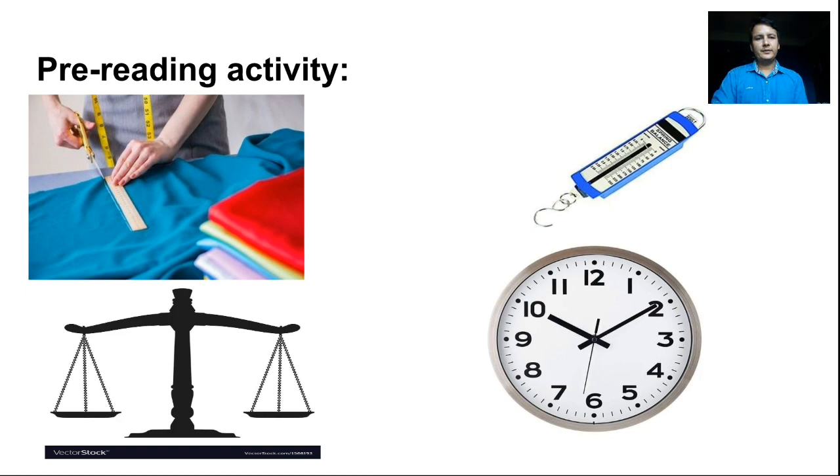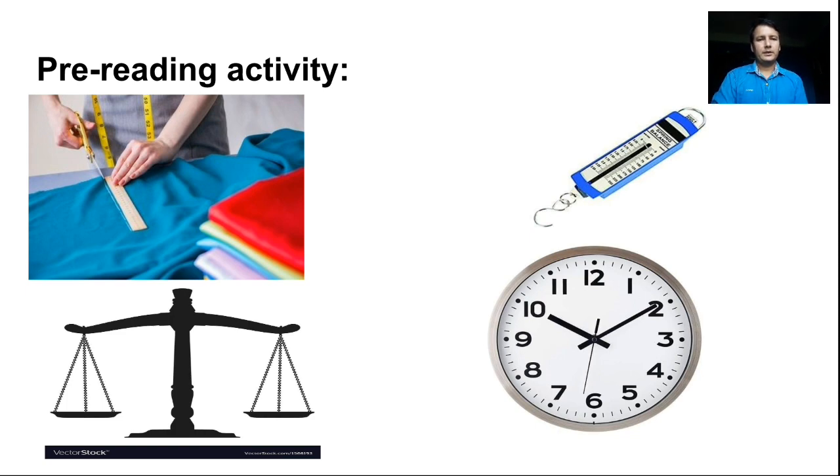See the third picture, it is a beam balance. It is also called a physical balance. It is used to measure the mass of any object. On one side, the object is kept, and on the other side, standard weights are kept. So by comparing these two things, the mass of the object is calculated. The fourth picture is a clock.